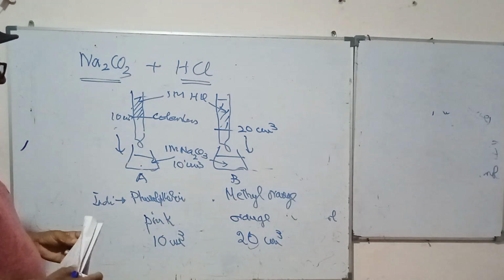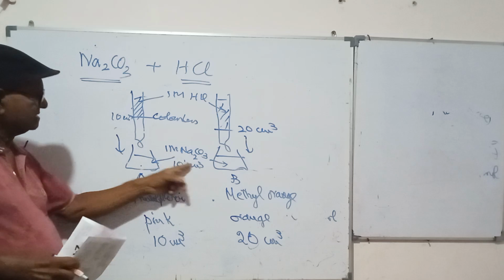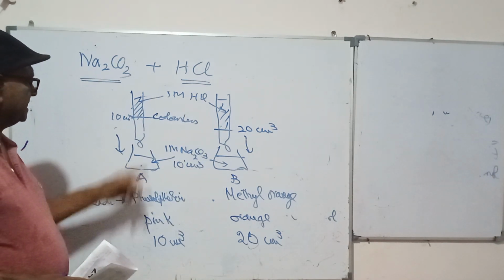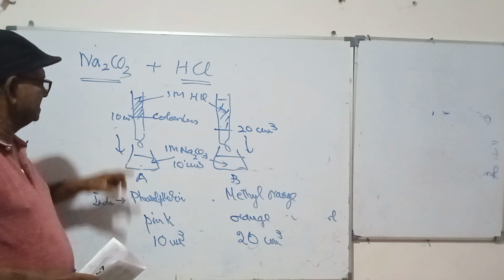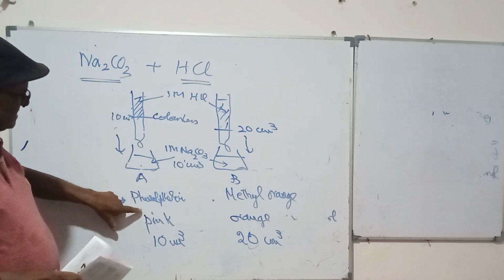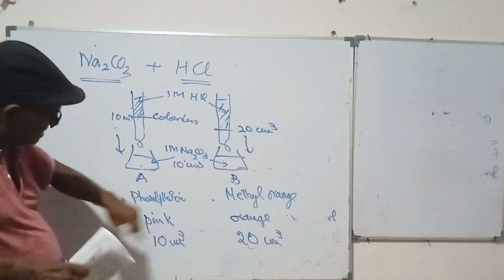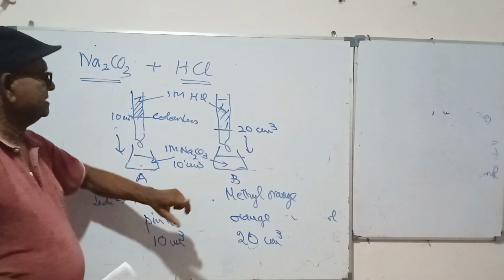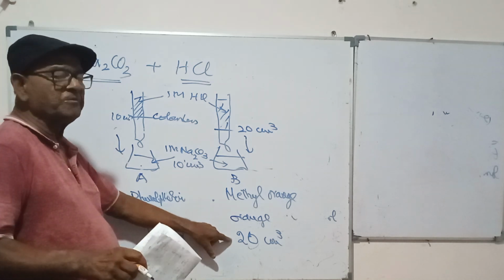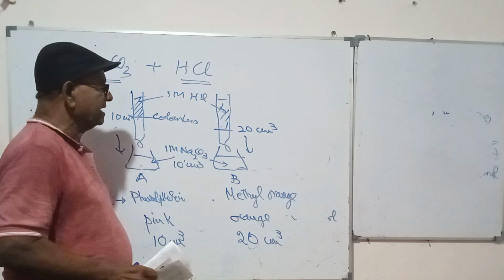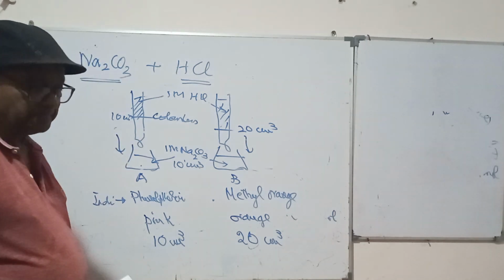See here, the same reaction, identical two titrations, same reactants, but phenolphthalein tells us the reaction has completed. Methyl orange tells that after the addition of 20 cubic centimeter, it has completed.